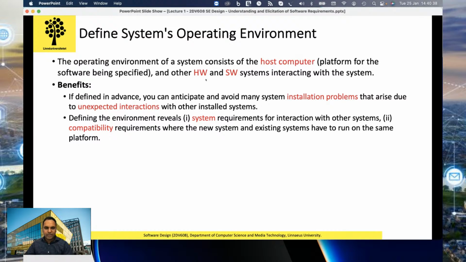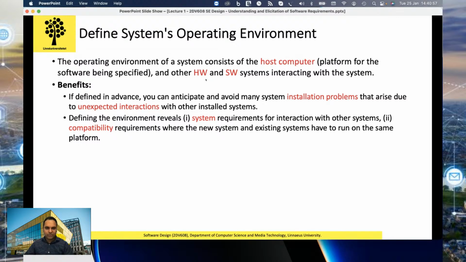And also, if you define your operating environments early, that means you can get system requirements that are more on the technical level or with more technical details.